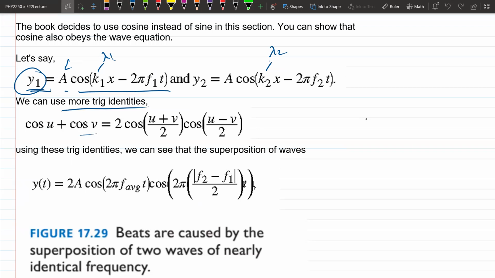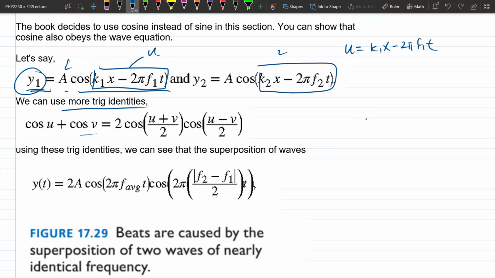When you combine these two waves together, we're going to make this piece u. So u is basically equal to k1 times x minus 2 pi f1 times t.